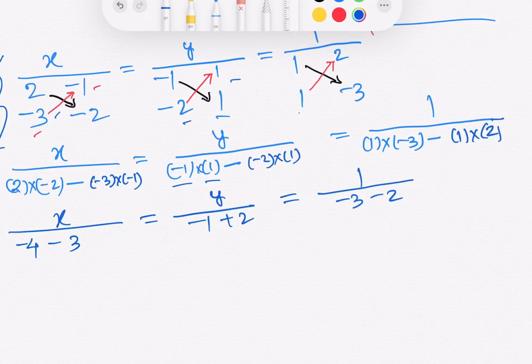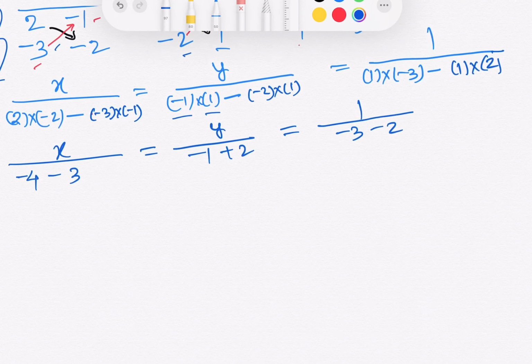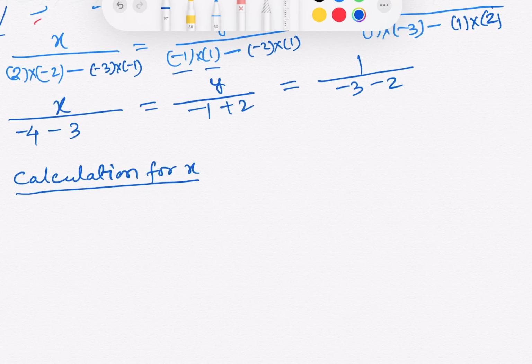So now after that you calculate for x. We write here the x portion and the constant portion.